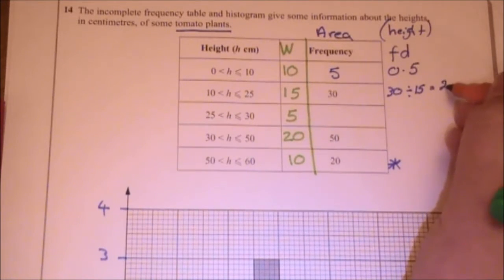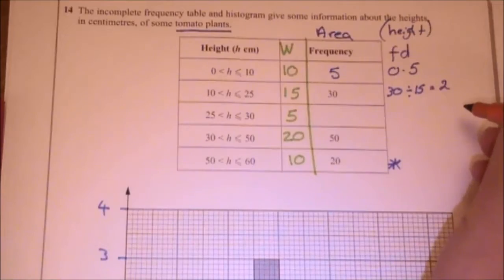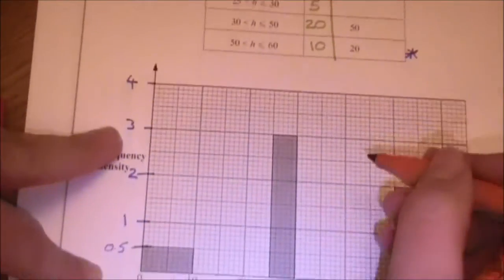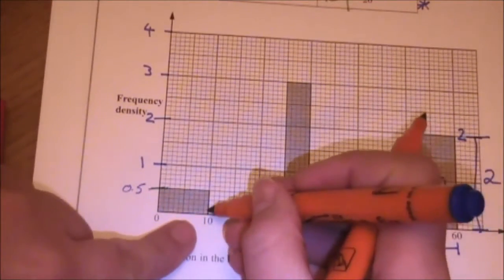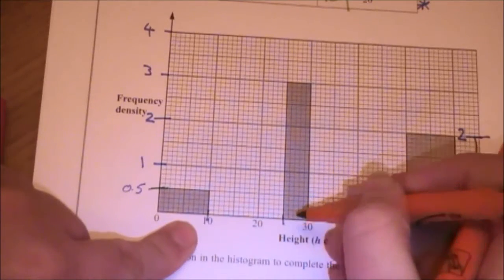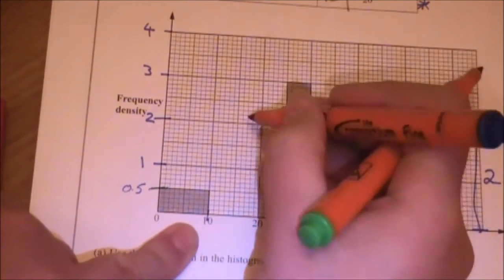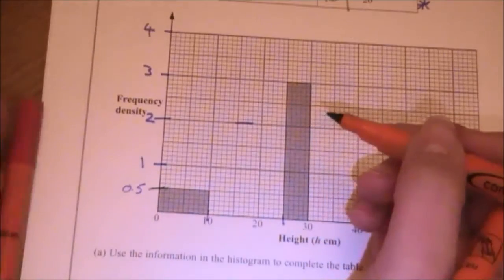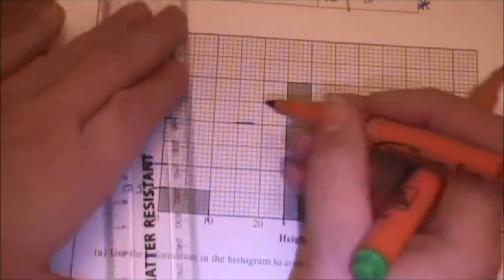So I know this bar has got a height of 2. So I can go ahead and draw that in. The bar goes from 10 to 25, so it goes in that gap, and it goes up to 2. So it's going to go up to there. I can draw it in with a ruler.